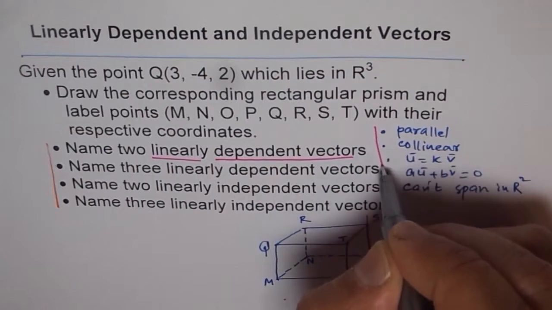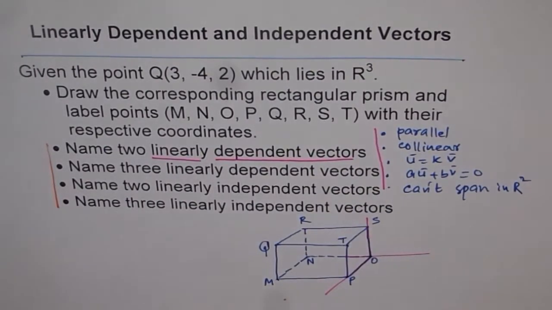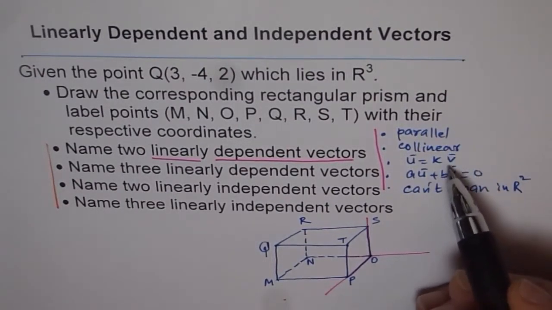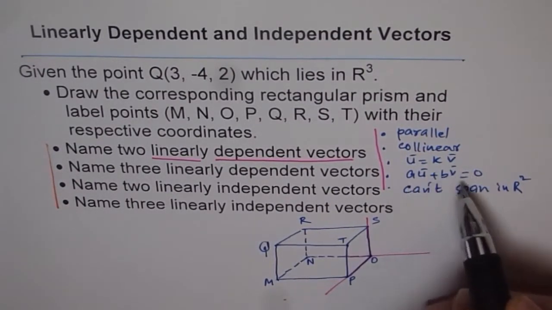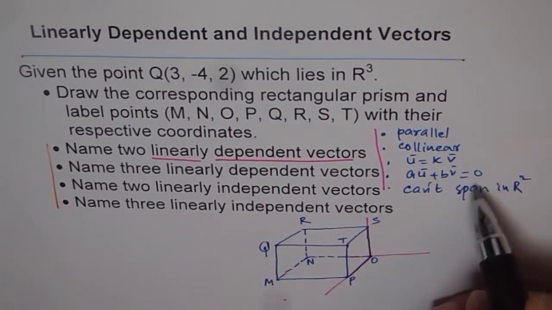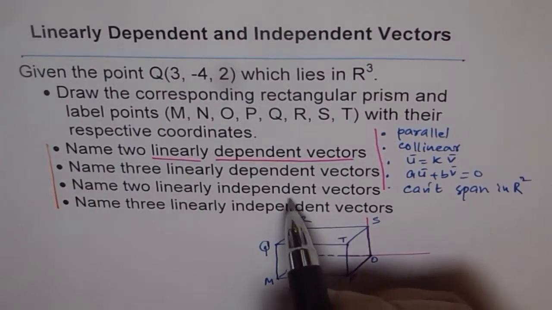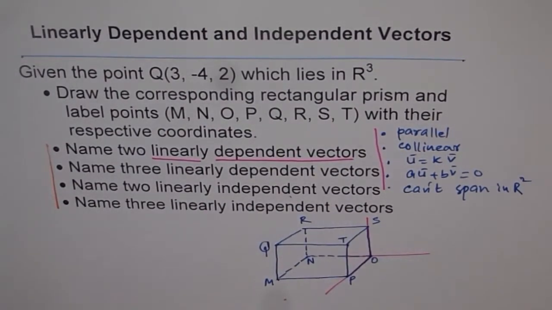Now if they are independent vectors, then they are not parallel, not collinear, not scalar multiples, and the linear combination is not equal to 0. And they can always span R2. That is for independent vectors, just the reverse of this. If the vectors are not dependent, they are independent.